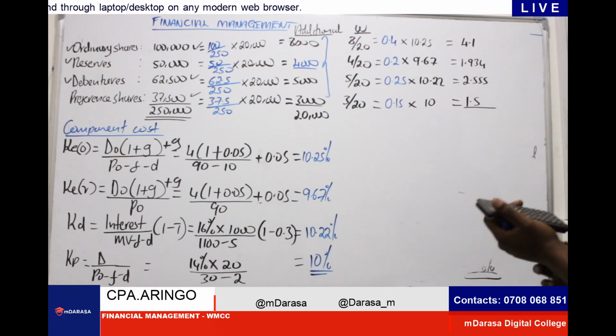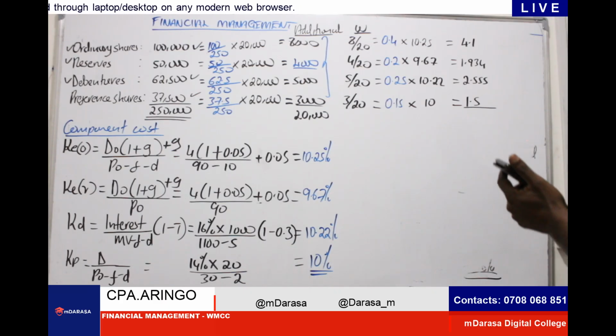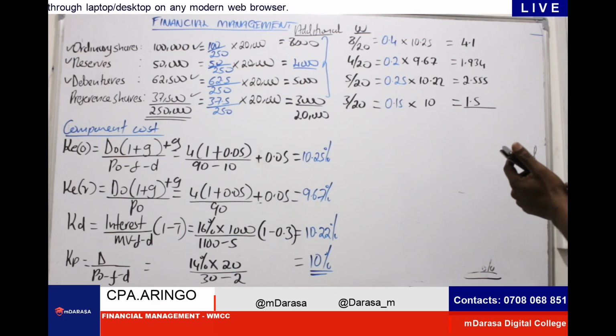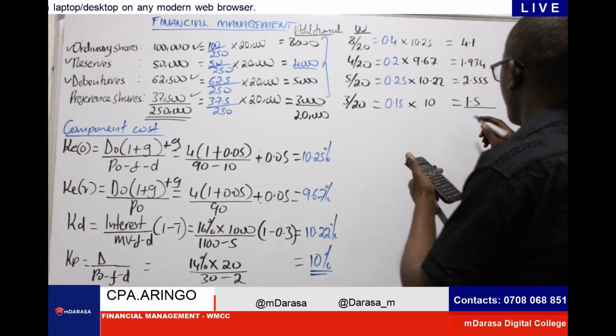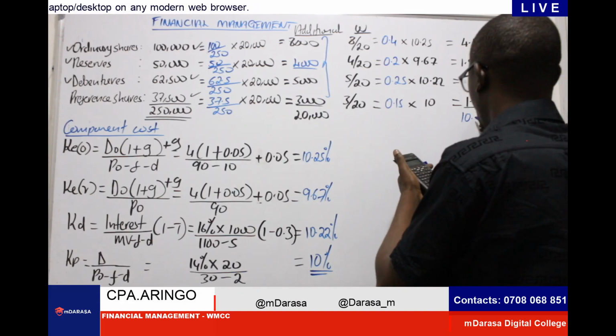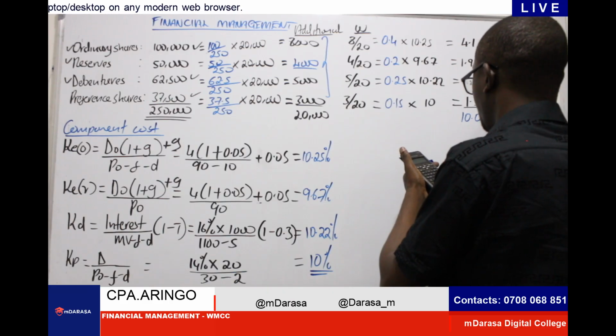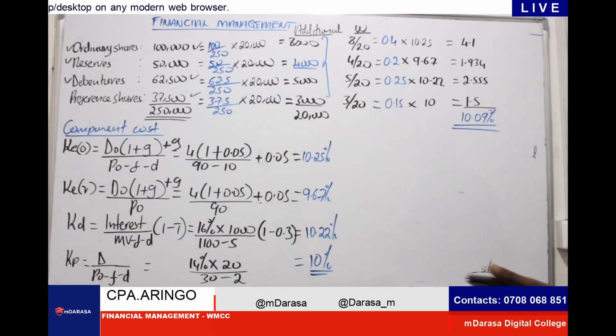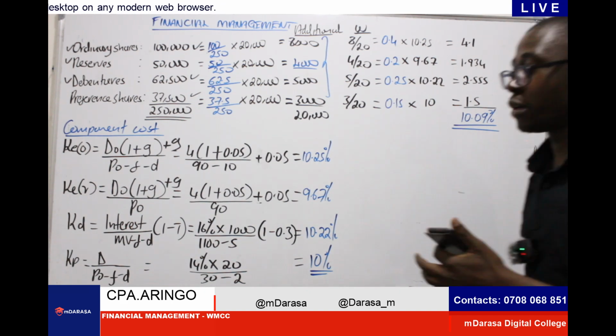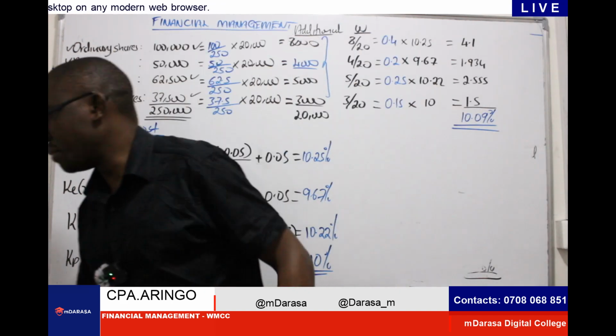So if I told you to sum it up, what will you be having? 4.1 plus 1.934 plus 2.555 plus 1.5, which gives us the weighted marginal cost of 10.09%. See, to determine our weighted marginal cost of capital, WMCC.